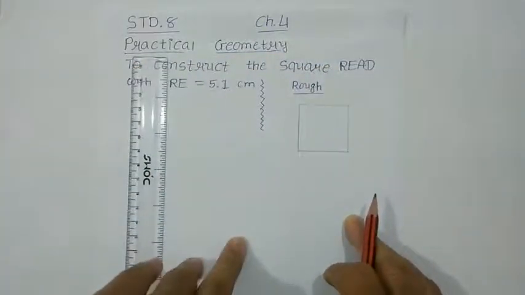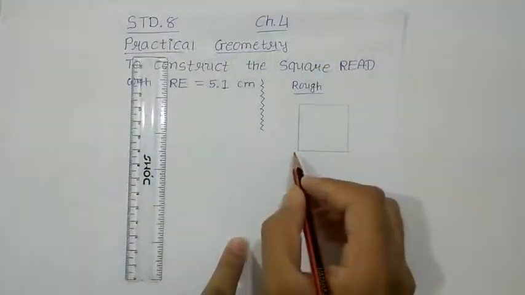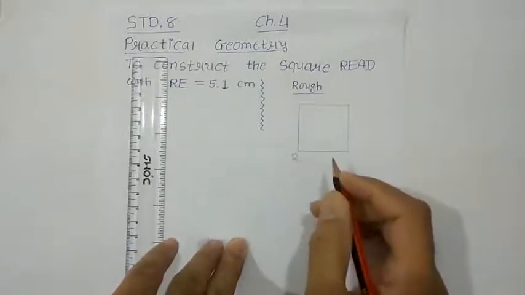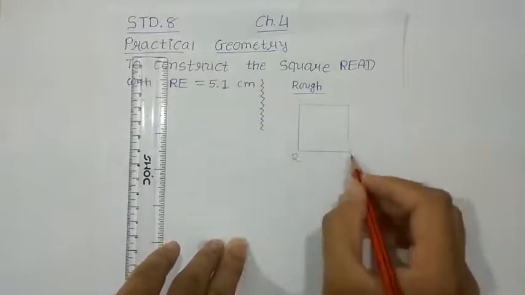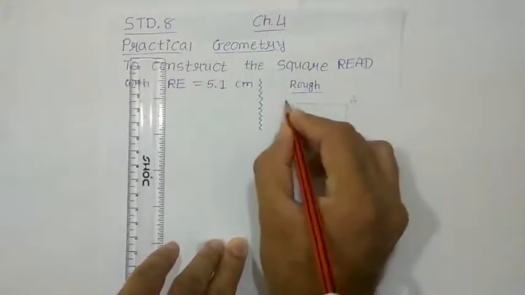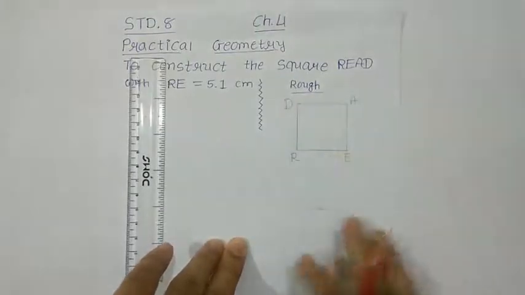So this is a rough diagram. Give it the name READ, right? We can give it in either clockwise direction or anti-clockwise direction. So give it the name R, E, A and D, right?